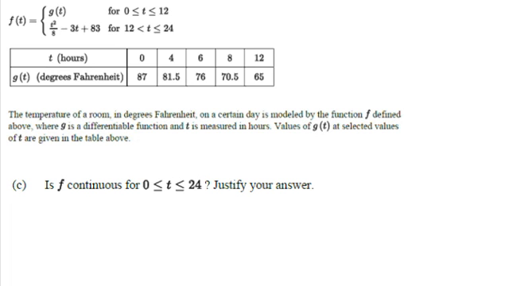Okay, yeah, g, where it says g is differentiable. So we know it's continuous from 0 to 12. And from 12 to 24, it's modeled by this polynomial, so our polynomials are going to be continuous. So what we need to see is, are we continuous where we switch from g of t to this second part down here in our piecewise function?